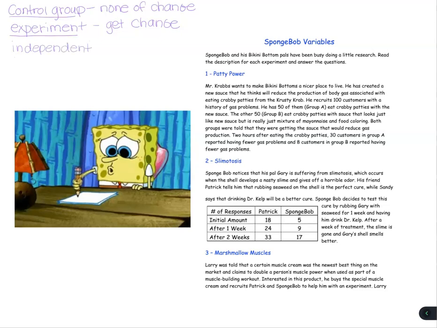So in our plant example, we were changing what kind of light the plant got. So the independent variable is what you change or manipulate.